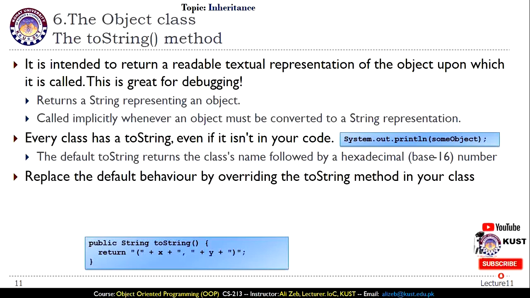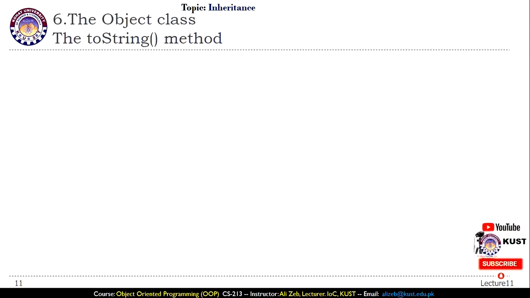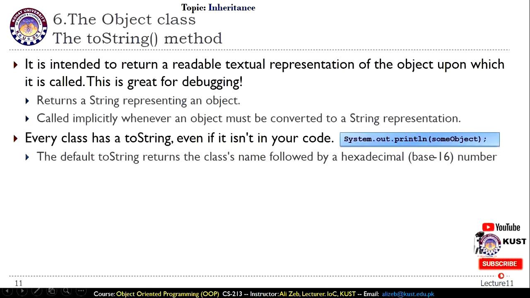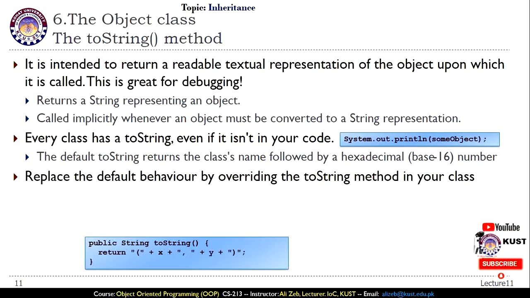So to change the default behavior of the toString method, we can simply change this return statement over here, and this default behavior will be changed to something that we want to do with the method.